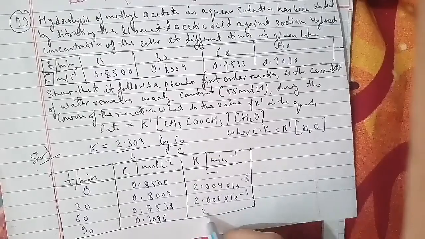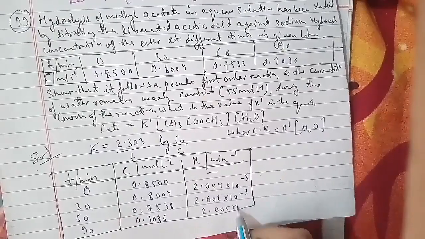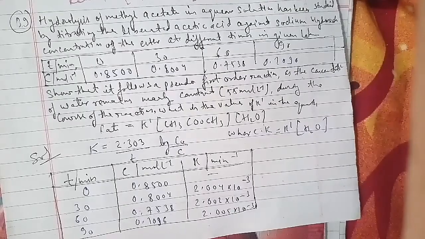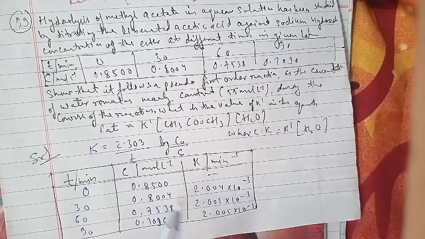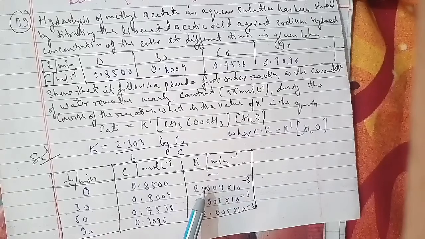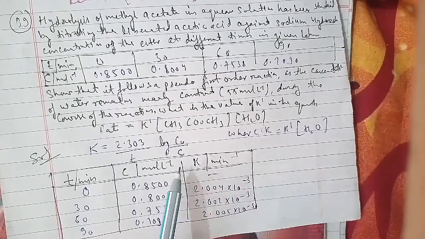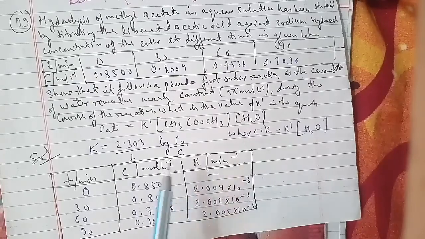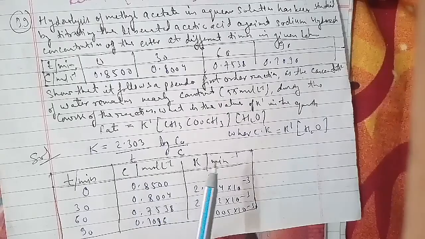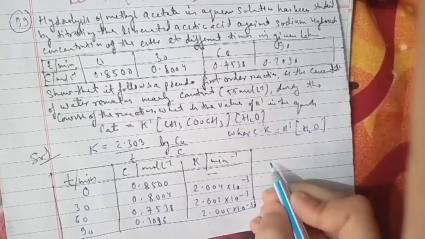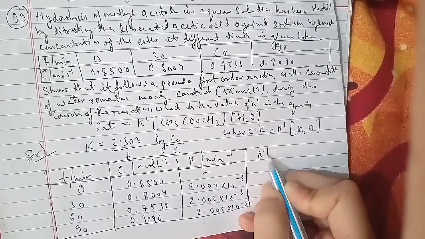So we can say that it can be seen here that K minus K dash H2O is a constant and is equal to 2.004 into 10 to the power minus 3 minute inverse, and hence it is a pseudo first order reaction. We can now determine K from K dash, so that will be represented here. K dash H2O equals 2.004 into 10 to the power minus 3 minute inverse.